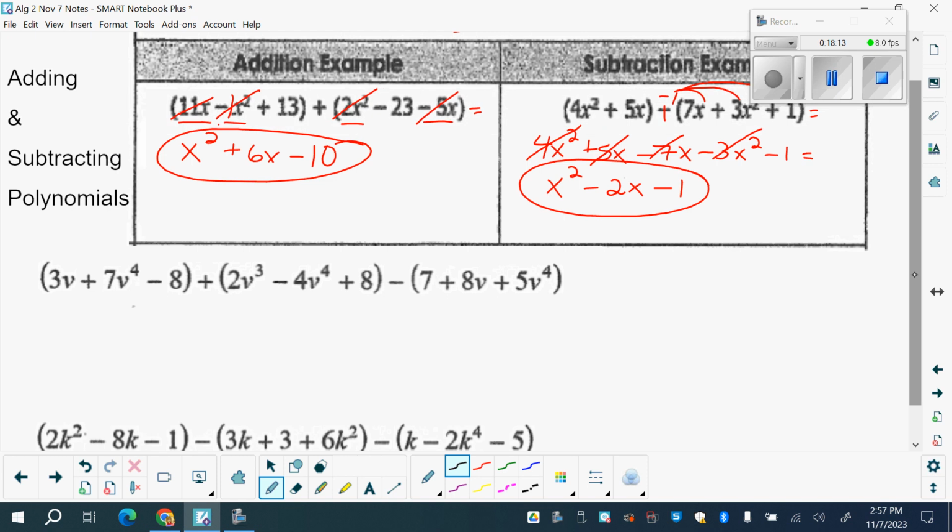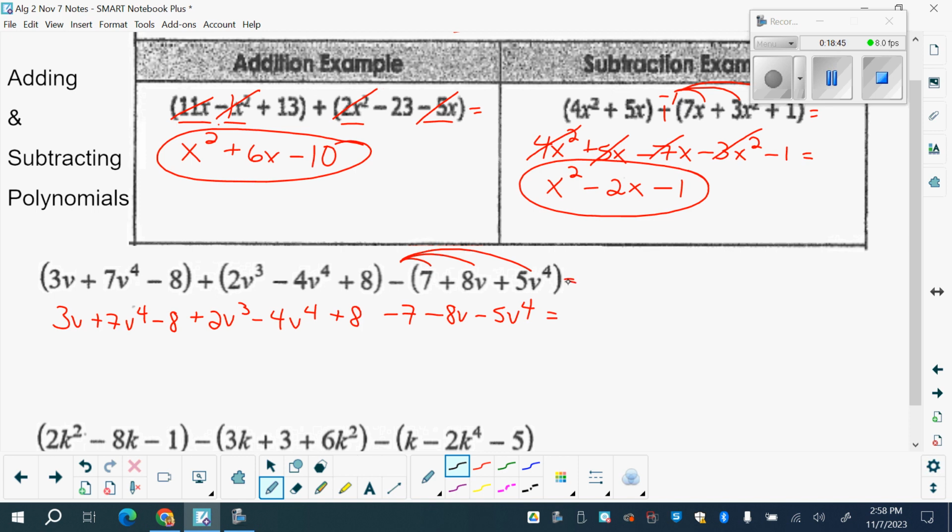Okay, this one is the last one we're going to do right here. So we've got adding and then subtracting. So the subtracting we need to rewrite. We've got to distribute that negative. So it becomes -7, -8b, -5b to the 4th. I like to write them out. So again, we want to put it in standard form, so what's our highest exponent? 4. So we're going to look at those terms that have an exponent of 4.